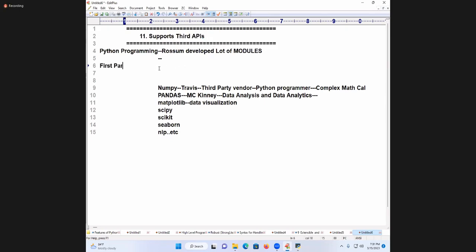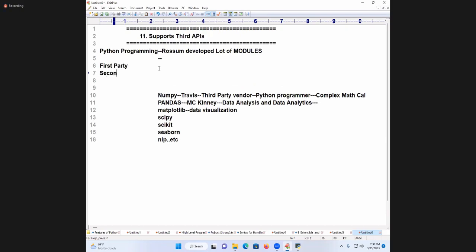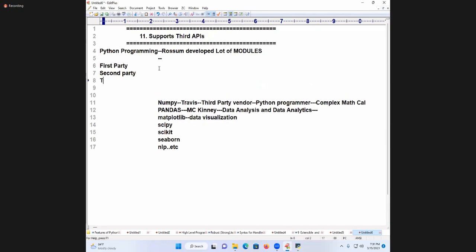What is the first party, what is the second party, what is the third party? You almost understand that. First party libraries, first party modules, are always language modules. All Python modules are called first party modules.